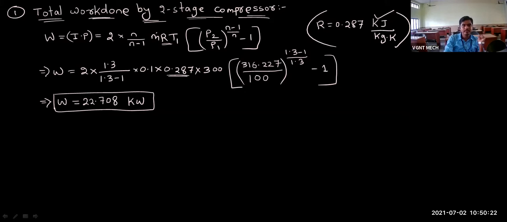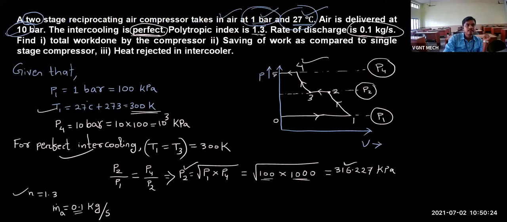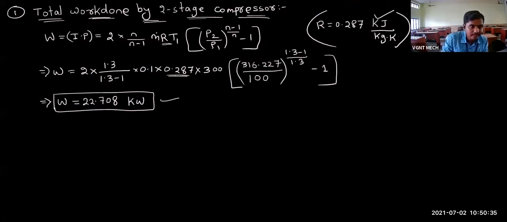So this work done, point 1, we have done. Now come to point 2, saving work as compared to single stage compressor. So what is the meaning of this? I will explain.